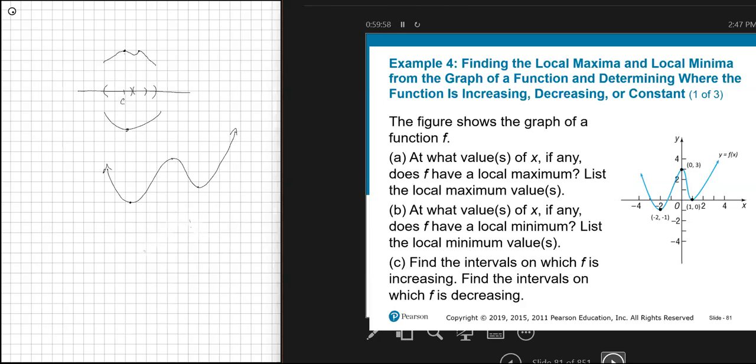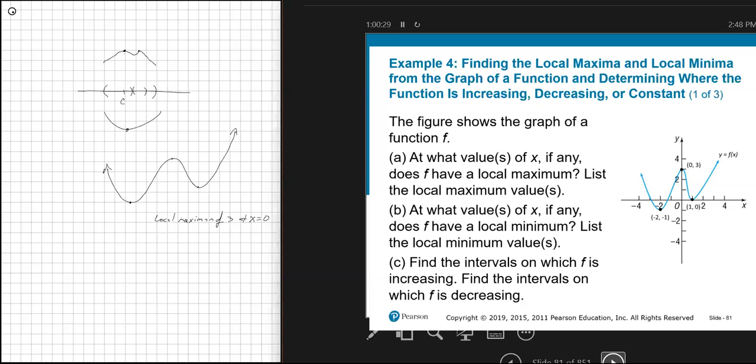But here we have two local minimums and one local maximum. We have a local maximum of 3 at x equals 0.